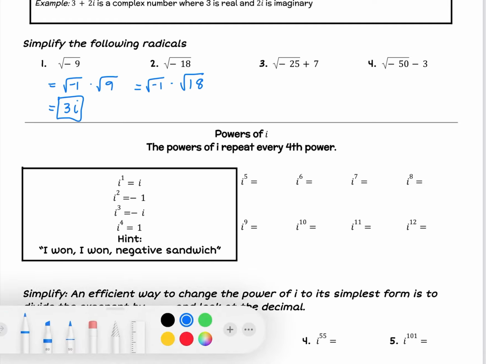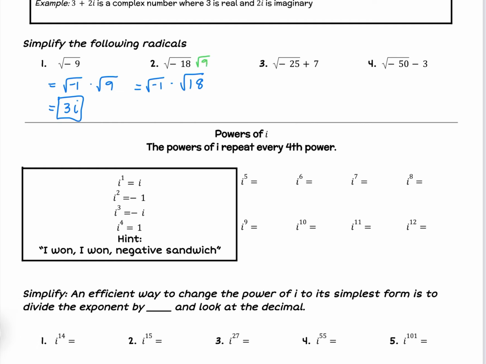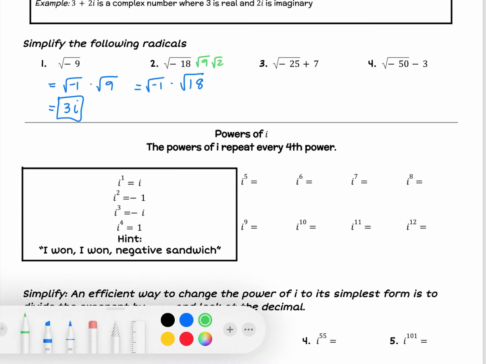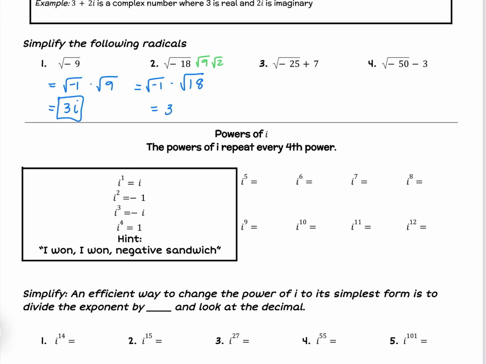Remember our two ways to do this: we can either look for the largest perfect square, or break 18 all the way down to its prime factorization. I'm going to break this up into the square root of 9 and the square root of 2, because 18 divided by 9 is 2. So our answer would be 3, because the square root of 9 is 3, times i, since the square root of negative 1 is i, and we would still have the square root of 2 left over.